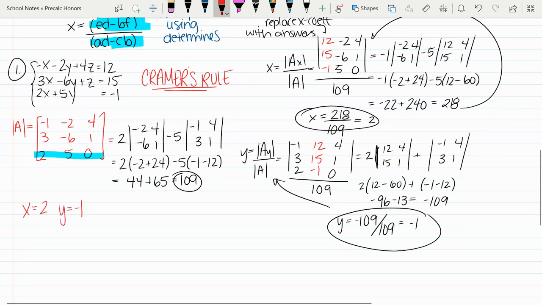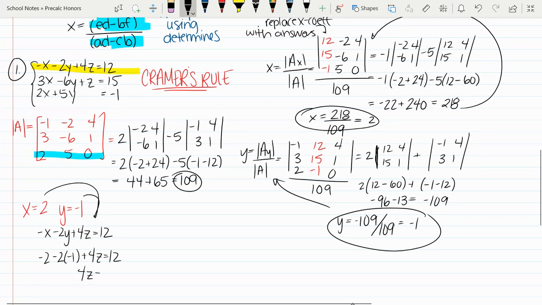Instead of doing this all over again, I like to just throw them back into any of the equations from our system. So like the first equation, for example, we have -x minus 2y plus 4z equals 12. I'm going to put both of these into this guy, and I'm going to solve for z. So this would be 2 plus 2, that would be a 0.